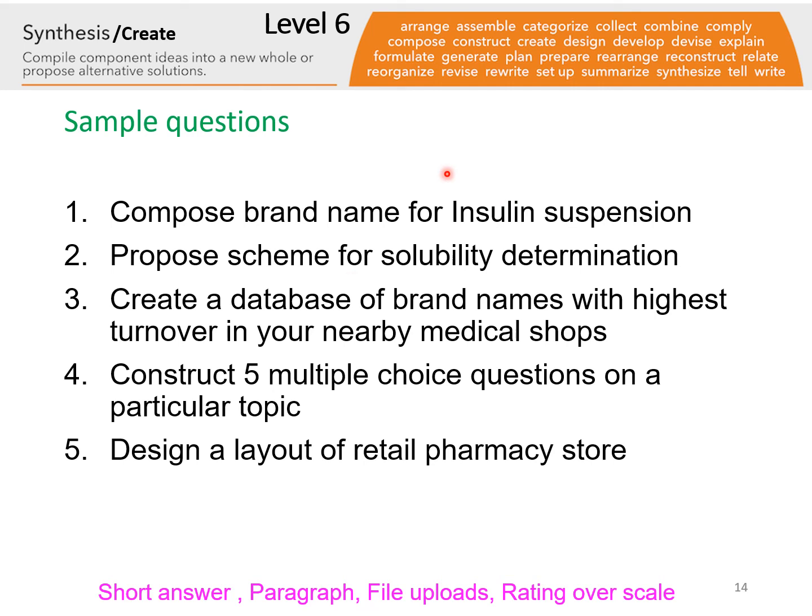As they are also learning the brand names, we can give them an assignment of creating a database. We can ask them to visit some medical shops near them and create a database with the highest turnover. So they should be able to present it in a different form.